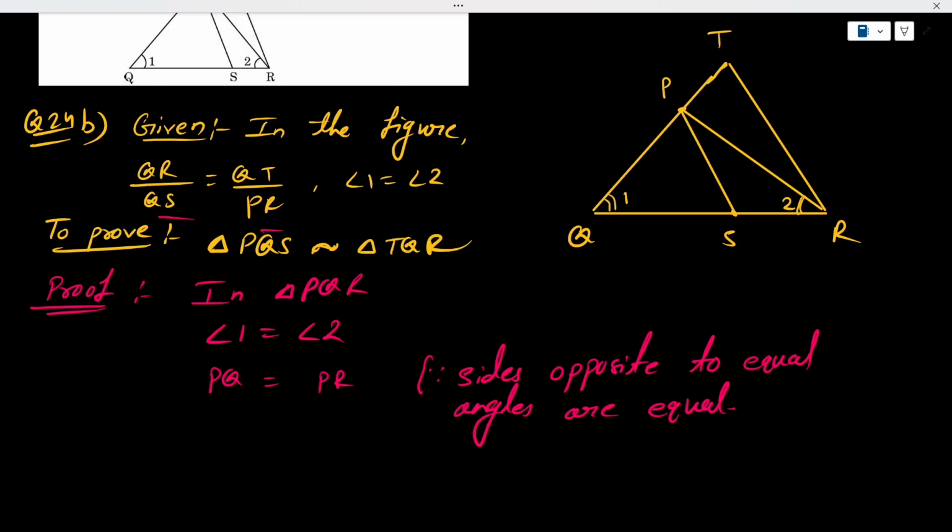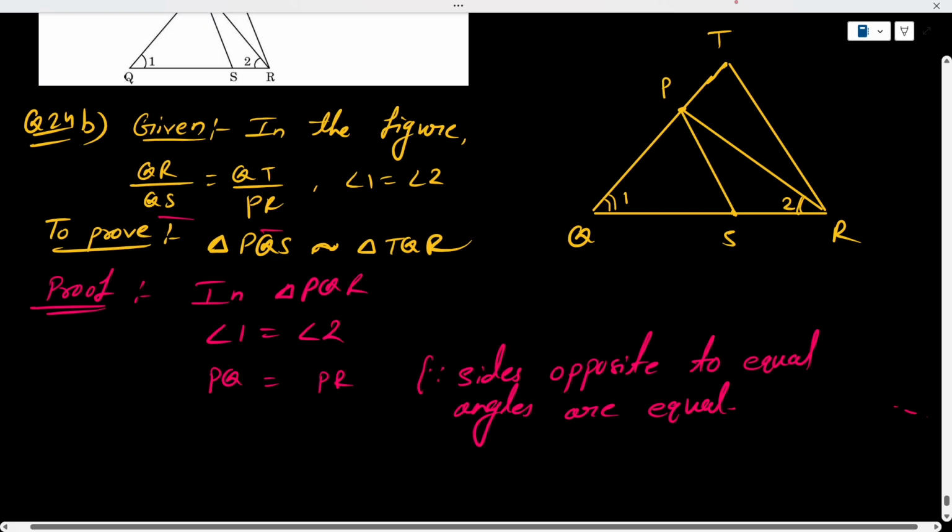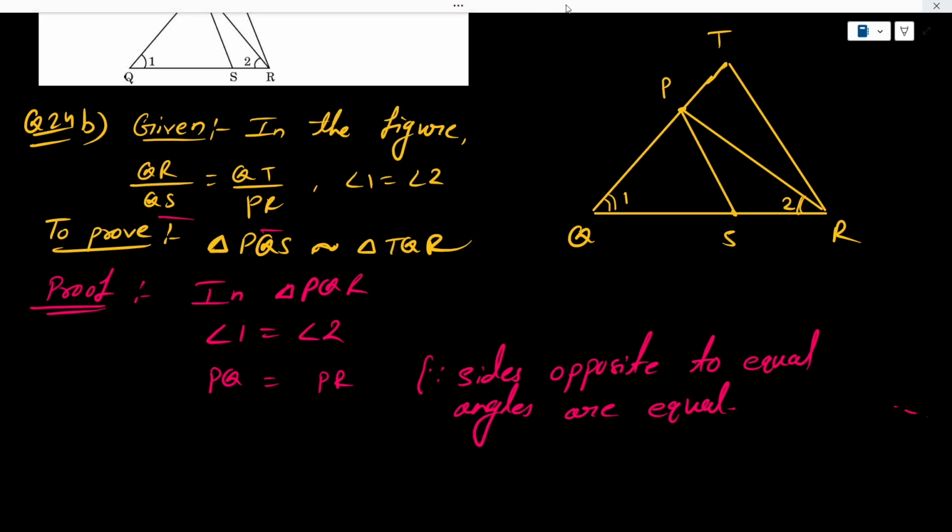Now, what is given here? If I need to prove it here, both the triangles, QR by QS. Now, look here. If you look at both the triangles, what is common? One second here. This angle 1 is common in both the triangles.